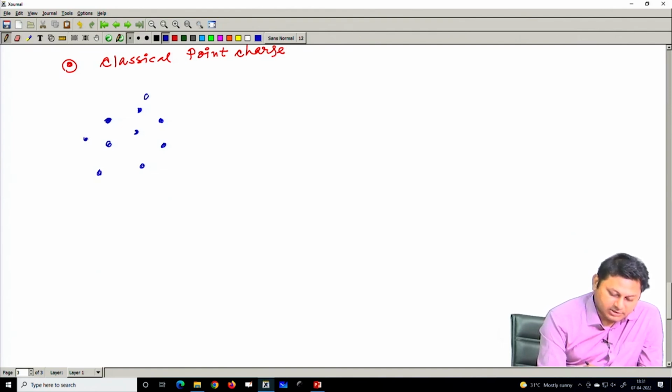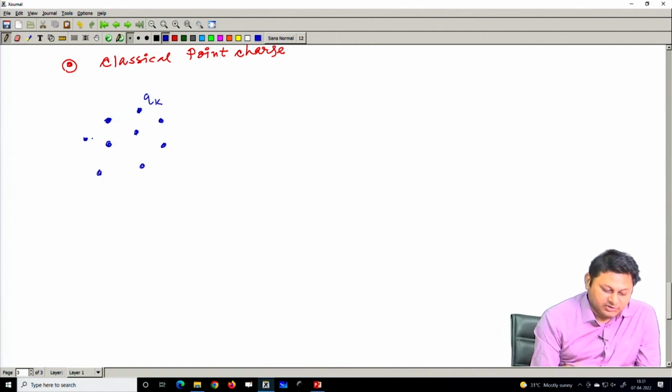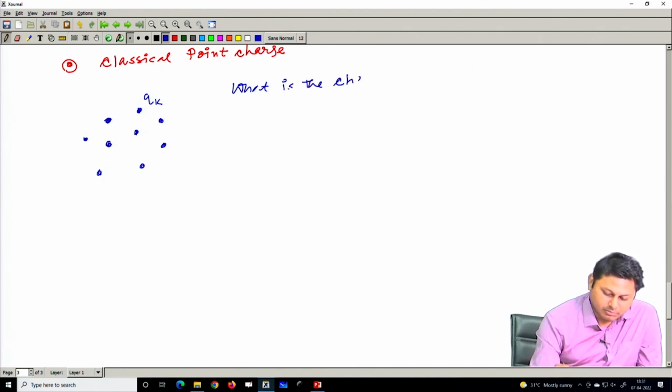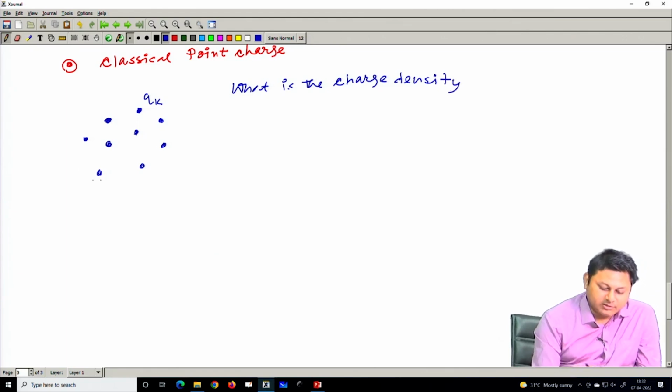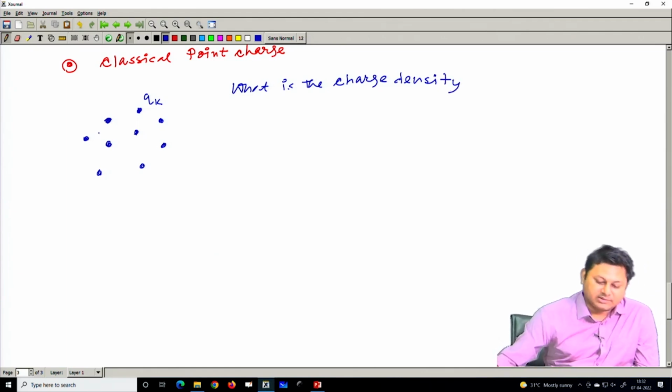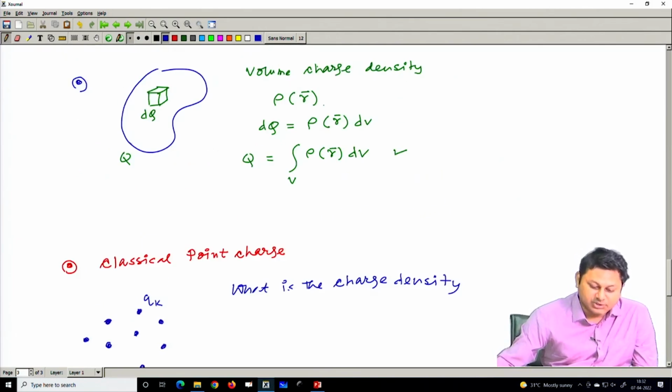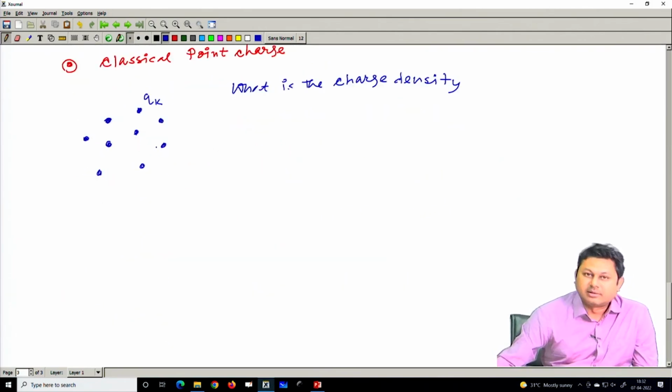Suppose this charge is Qk, the kth charge, where k is an integer: 1, 2, 3, 4, 5, 6, etc. Now, if I want to find the charge density of these discrete point charges, they are not continuous like before; this is scattered, this is discrete.